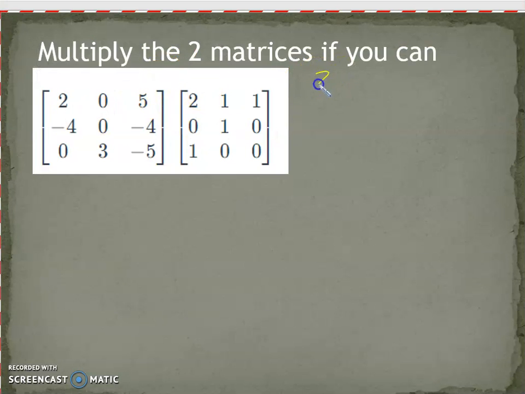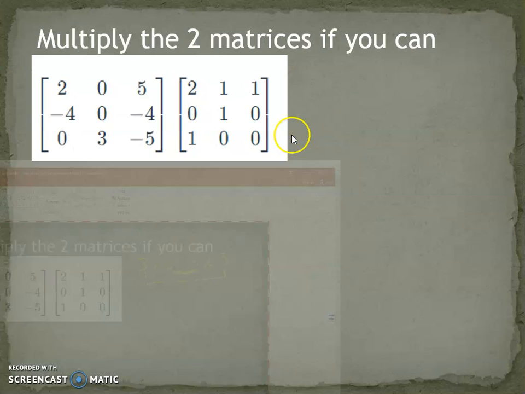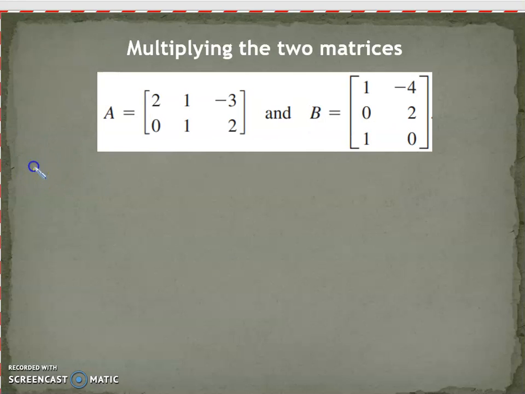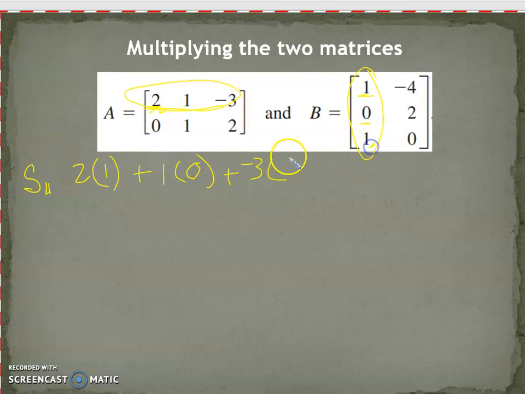This is a 3/3 and a 3/3. These are the same, so I can multiply, and that's what my solution will be. Just want to go over how to multiply them to make sure. Row 1 to column 1, we're going to do entry for entry, that first term to first term, plus second term to second term, plus third term to third term.